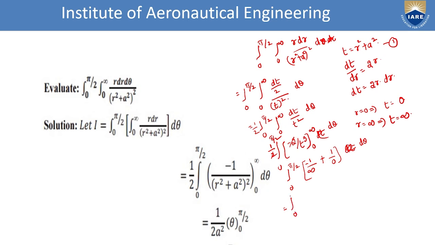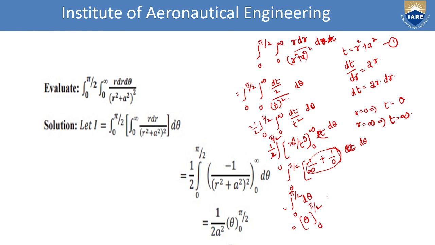Now integral 0 to pi by 2, this is 1. From that we got d theta. So 0 to pi by 2 d theta gives theta, with limit points 0 to pi by 2.